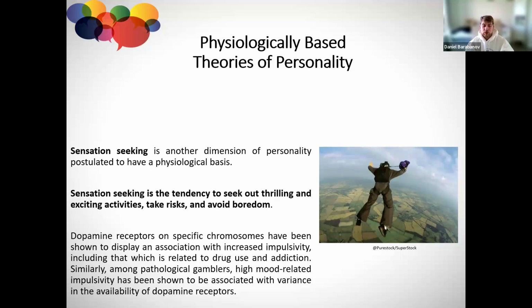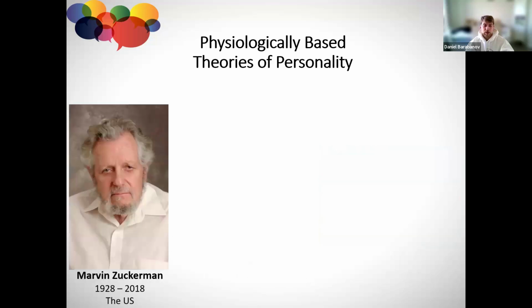Research shows that dopamine receptors on specific chromosomes are associated with increased impulsivity, including taking drugs and addiction, because taking drugs and addiction might also be connected with sensation seeking, as people do that to feel something new. It's also connected to gambling and mood-related impulsivity, and people probably have a real physiological difference, not only on a genetic but also on a physiological level behind this.